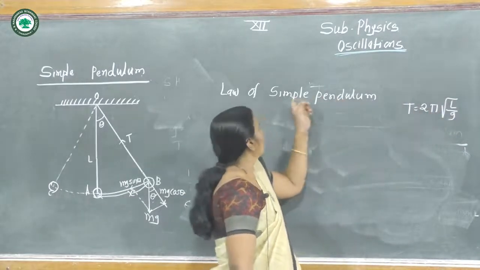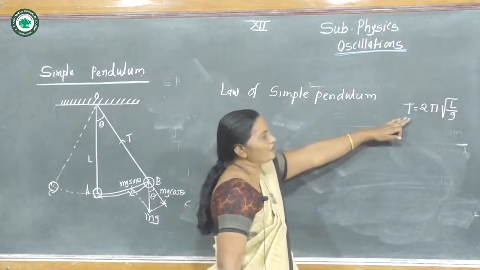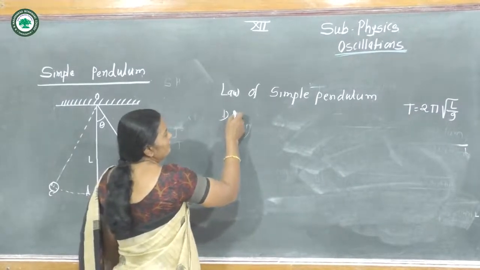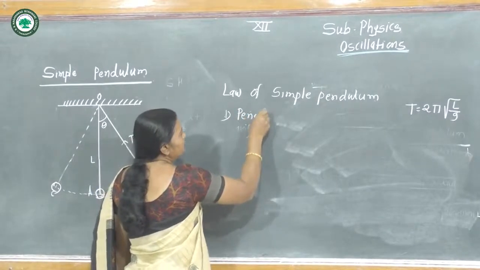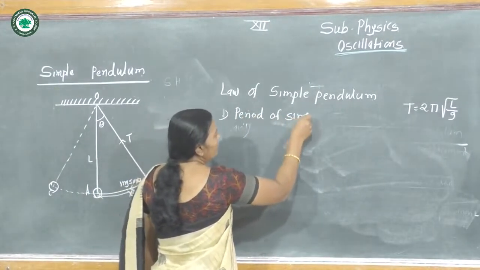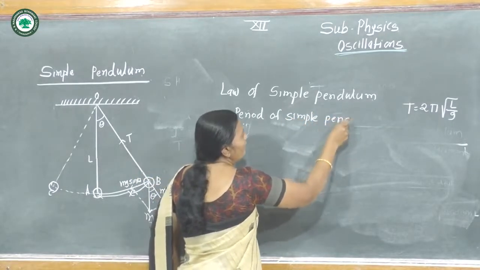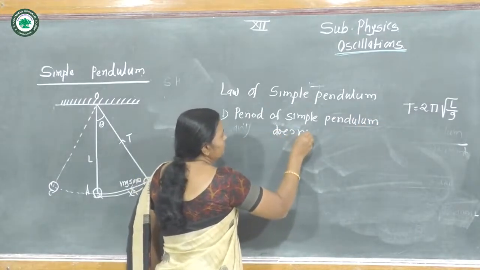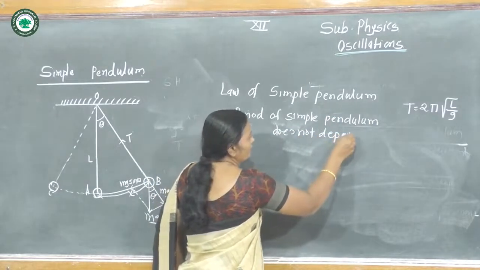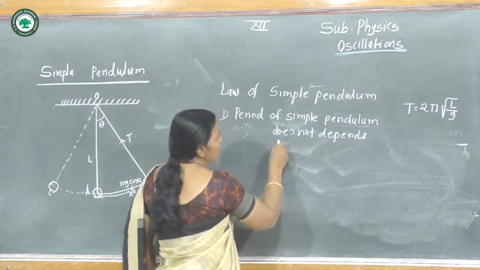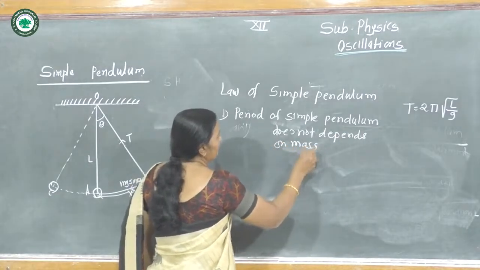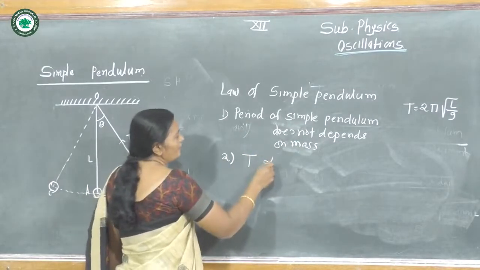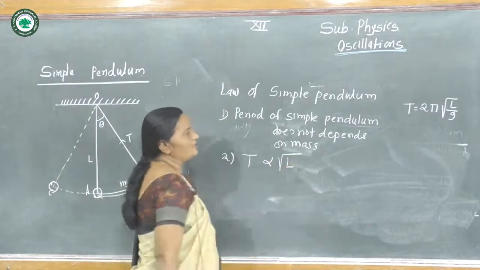Therefore, we can say that the period of simple pendulum does not depend on the mass of the bob.